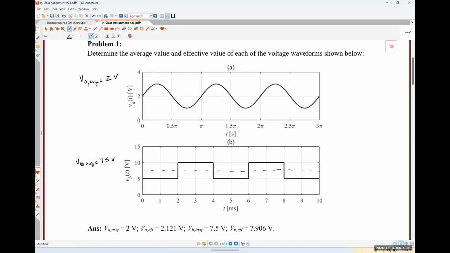Okay. So to me, it looks like our period is 4 seconds. Anybody have any beef with that?